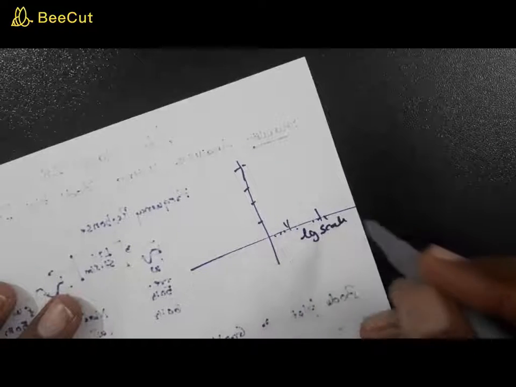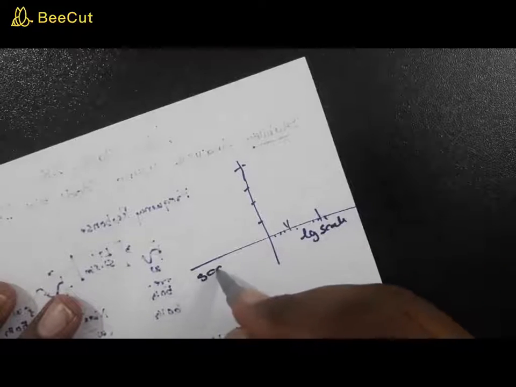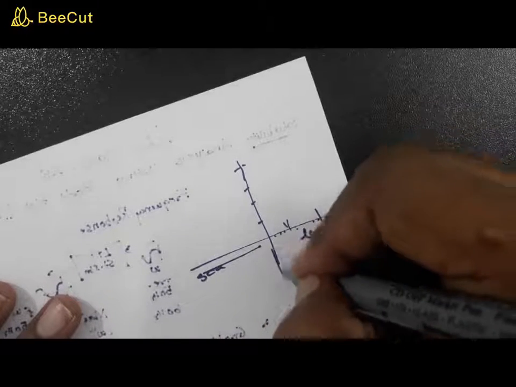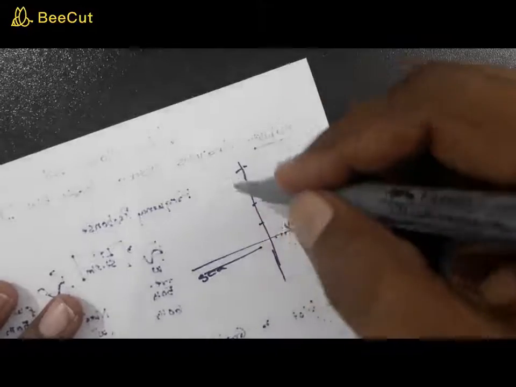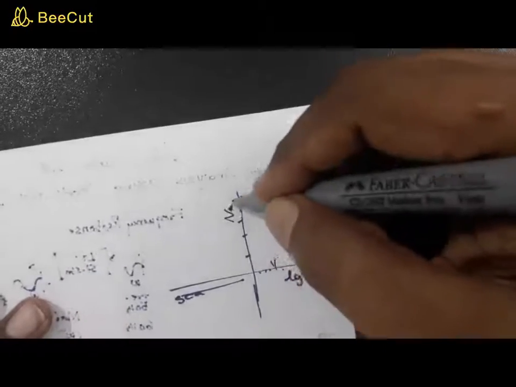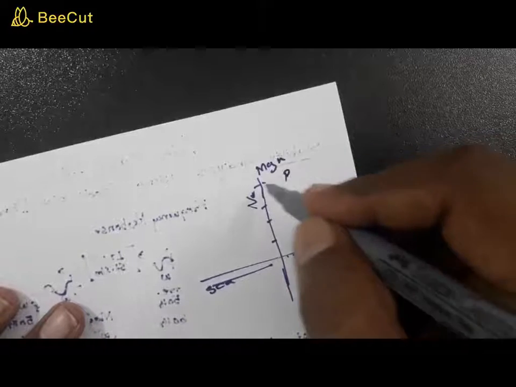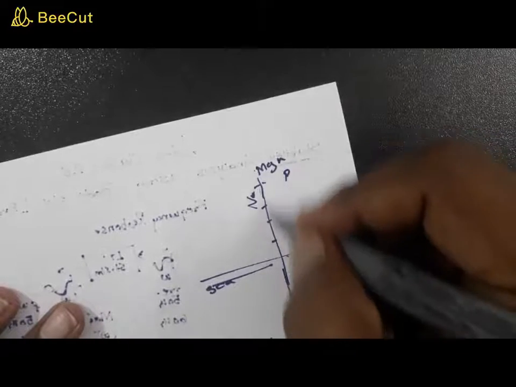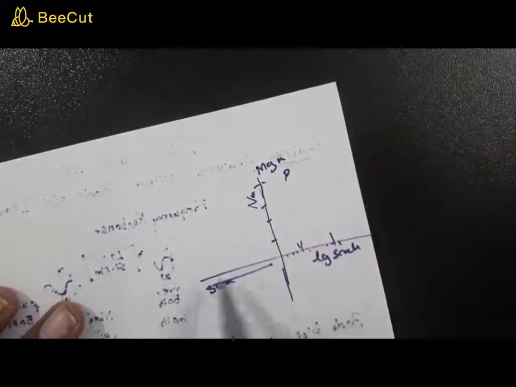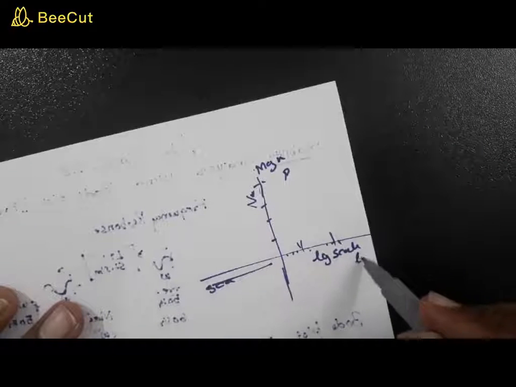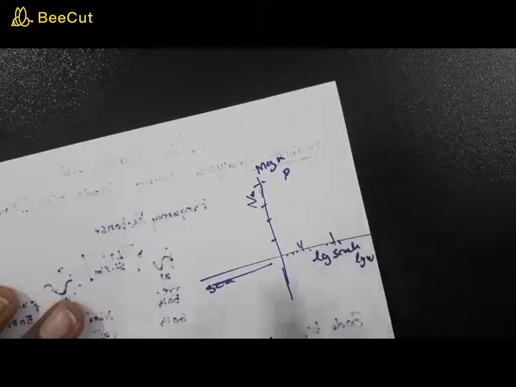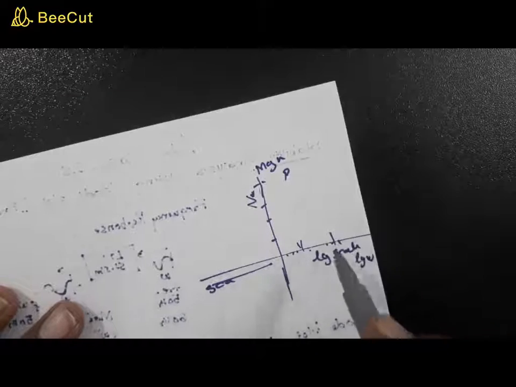So this axis is in logarithmic scale and the vertical axis is normal. You can plot the phase as well as magnitude on this vertical axis, while omega will be plotted along this log omega axis, in the logarithmic scale.